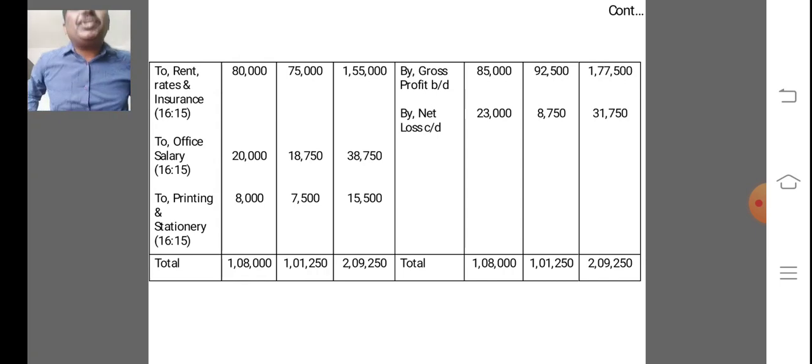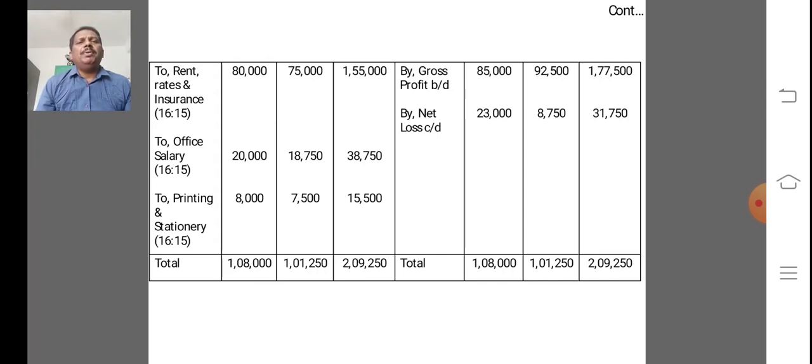And office salary is also distributed on the basis of 16:15, that is 20,000 and 18,750, total 38,750. And printing and stationery, on the 16 is to 15 basis we apportioned, that is 8,000 and 7,500, total 15,500.